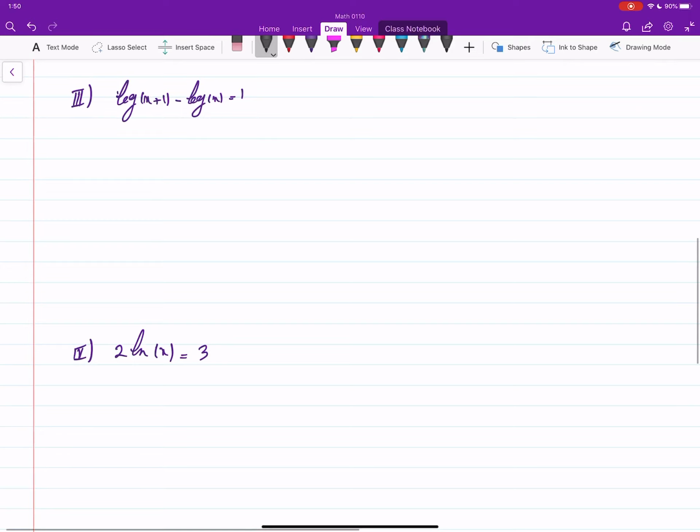For the log, okay. Make one log. Use the properties. There's no base there, that means base is 10. So log of x plus 1 over x equals 1. One side is the whole log, 1 log, and the other side is 1. To get rid of log, put both sides to the power 10, the same base.